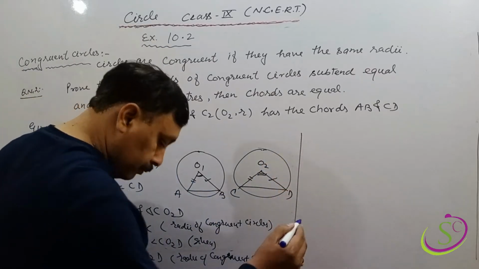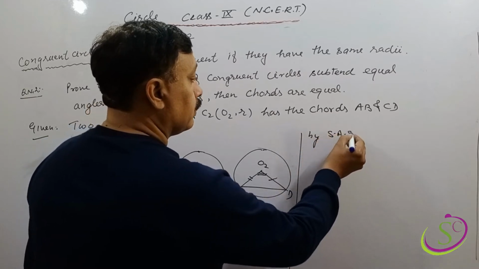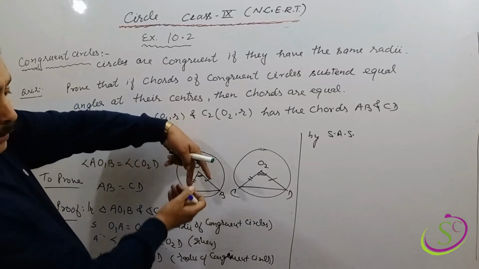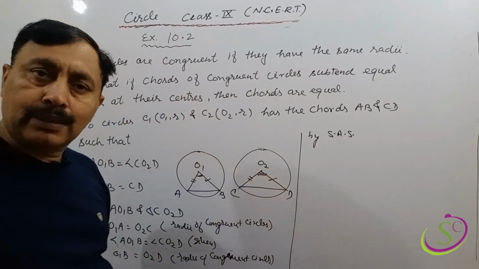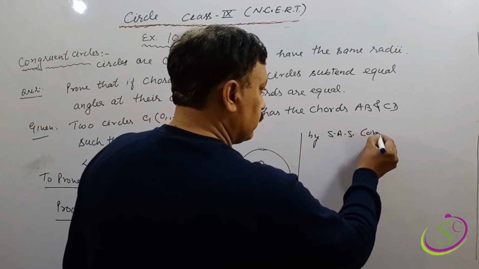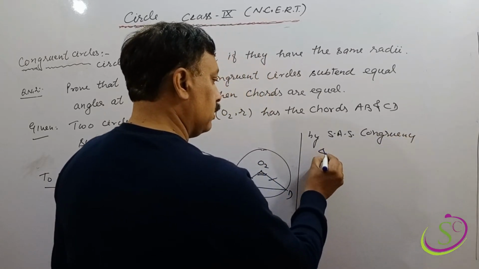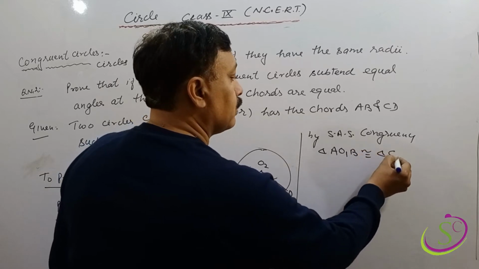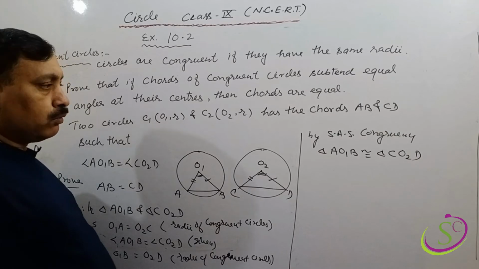So by side angle side, two sides and the angle between them of this triangle are equal to the corresponding sides and angle between them. So by SAS congruency, triangle AO1B is congruent to triangle CO2D, means both the triangles are congruent.